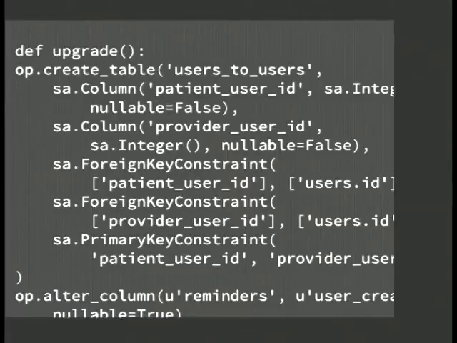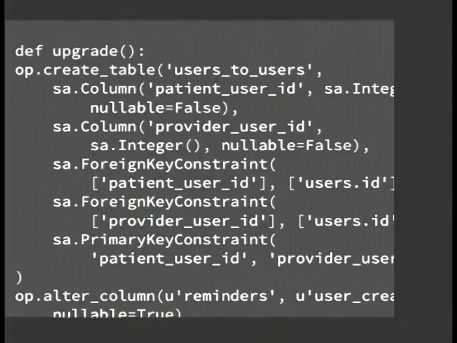It is unfortunate, but doctors do eventually get sick, and people want to know whether the provider was actually being the provider, or was being the patient in a particular case. So this sets up some columns in a table so that we can relate the two together, defines some constraints on that table, and also alters another column that we had set up for user-created reminders.